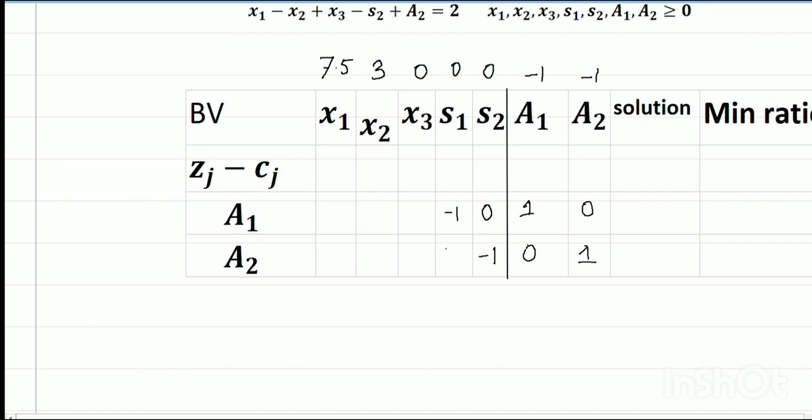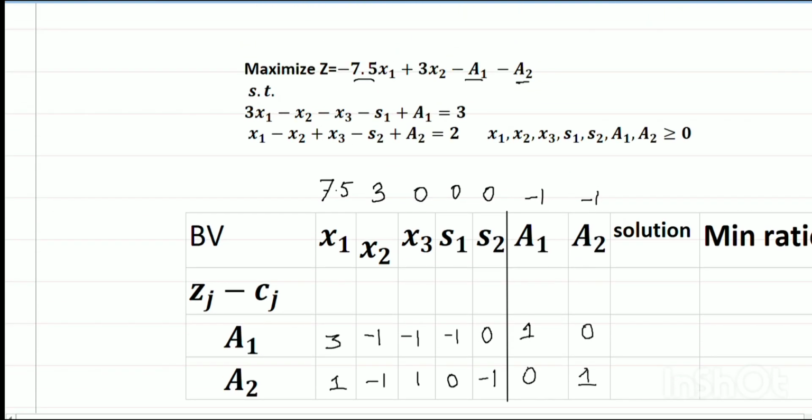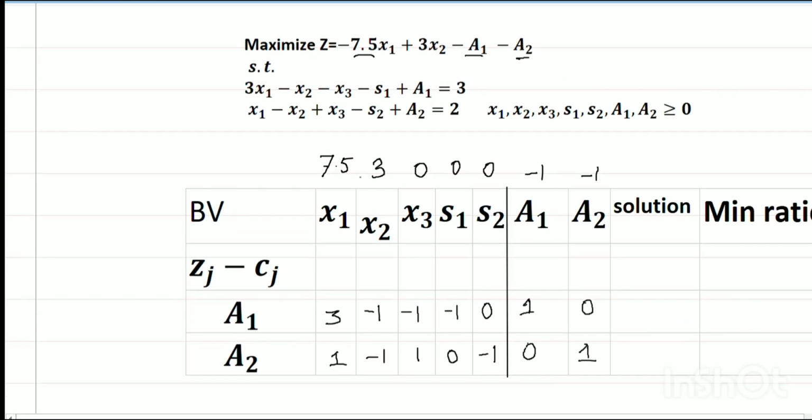Just putting the values, and x3 is -1 and 1, and x2 is -1, -1. Just putting the coefficients. I hope you watched my simplex video and can easily understand this topic. So 3, 1, -1, -1, -1, and zj minus cj.